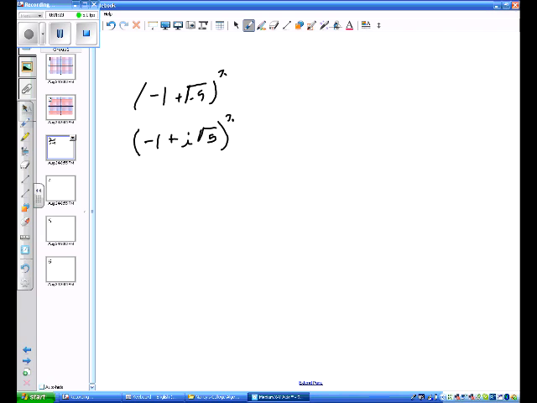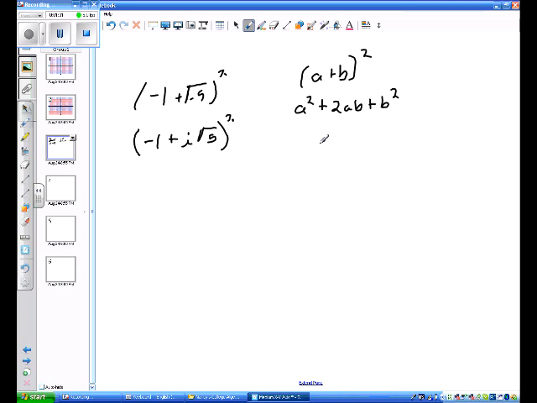Now, there's two ways you can go about doing this. Some of you have learned a pattern for squaring a binomial, which is (a plus b) squared is the first term squared, then twice the product of the two terms, 2ab, plus the last term squared, b squared.